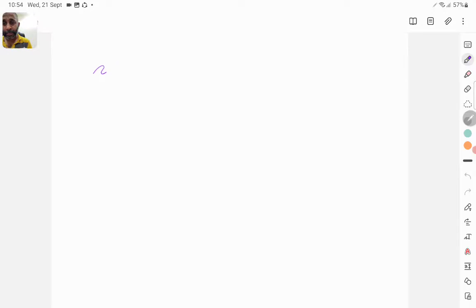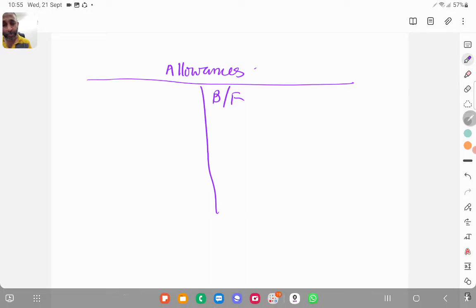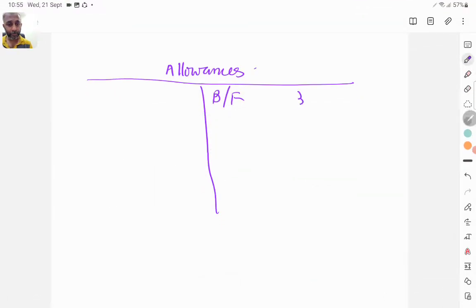Let's open an account for allowances. The opening balance allowance as per question is 39,000. You should know that allowance is a credit balance.